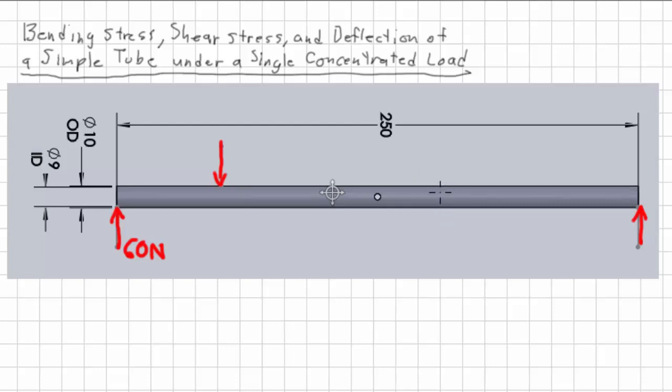Now, shear stress also occurs, and that will be parallel to the cross section. So both of those are happening, and we need to calculate both of them. Finally, we will want to know how much it deflects at various locations. So deflection is an important consideration as well. So we are finding bending stress, shear stress, and deflection. Now, this particular example uses these formulas multiple times, so it's a good example for the student.